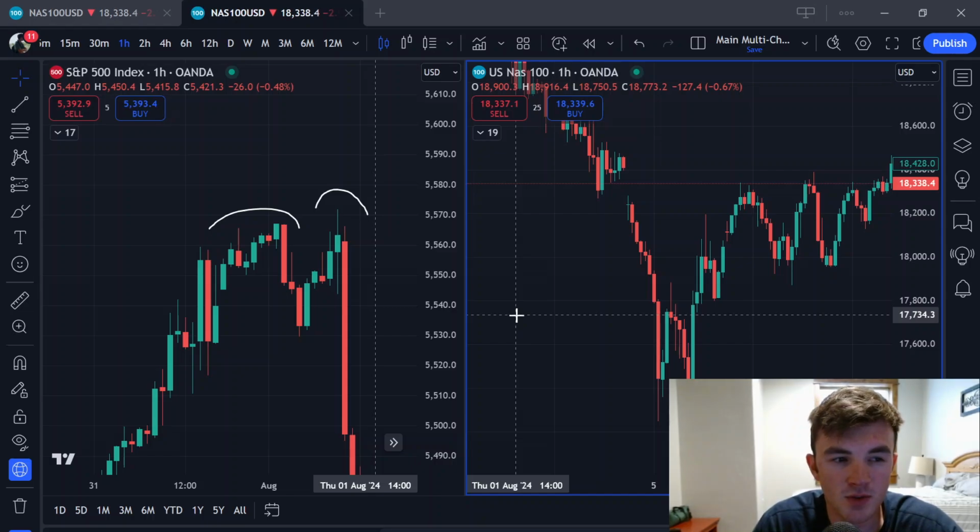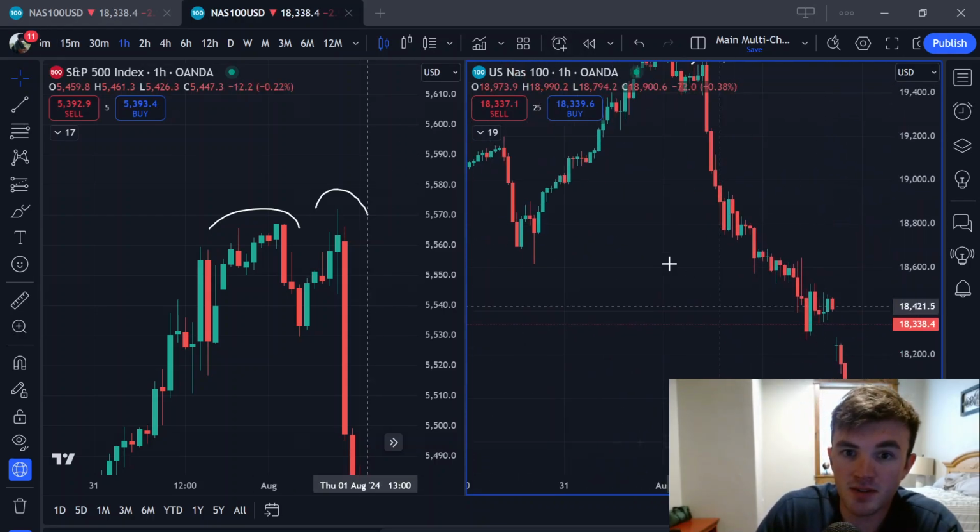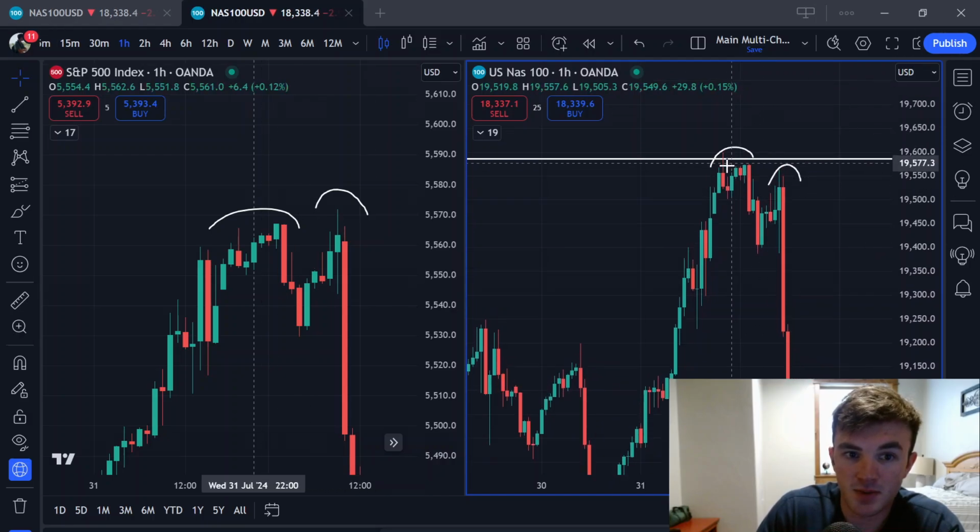So you use this in conjunction with high time frame key levels, fair value gaps, order blocks, breaker blocks, different ICT key levels, and when you get it happening at that key level, if it's a bearish one... So remember, a bearish one is when one asset forms a high.